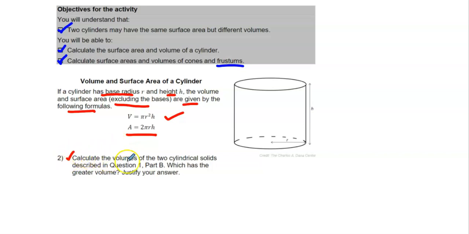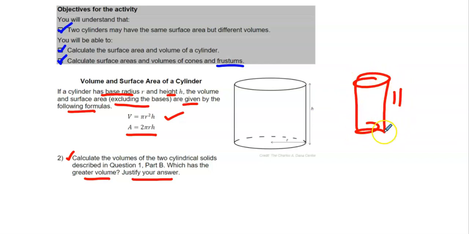Now calculate the volume of the two cylindrical solids described in question 1, part B. Which has the greater volume? Justify your answer. I want you to pause this, knowing that one had a height of 11 and a circumference of base 2 pi r of 8.5.